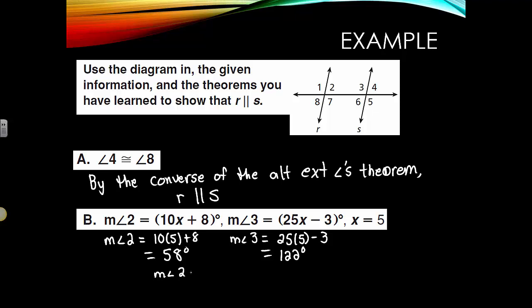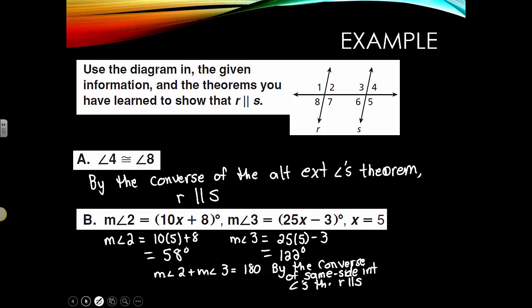So the measure of angle 2 plus the measure of angle 3 is equal to 180. So by the converse of the same side interior angles theorem, I keep messing up this word, we can say that R is parallel to S.